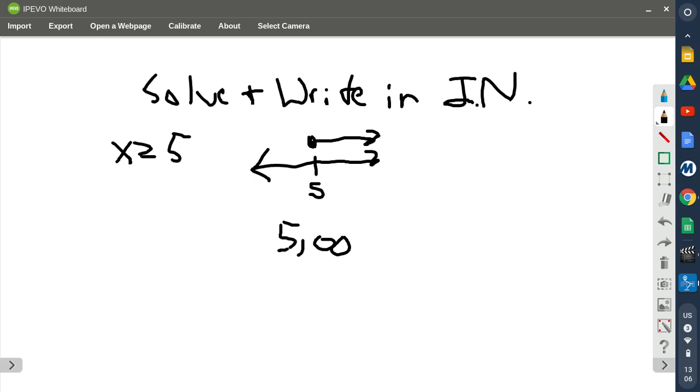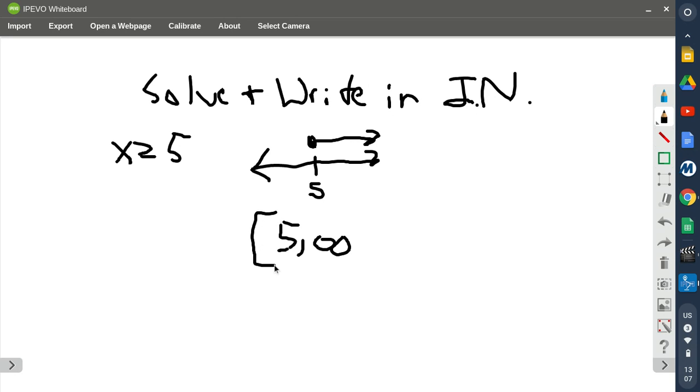Well, no, that's not true, because there's some other things you have to do. So infinity is not technically a number. If anyone tells you that it is, say they're wrong. Unless, don't say it rudely. So what you're going to do is put this in parentheses. But if it includes the number, you would instead put a bracket. So let's start with 5. It's bigger than or equal to 5, so x could be 5.